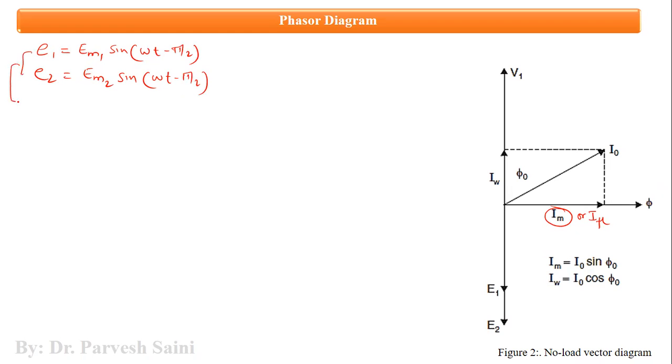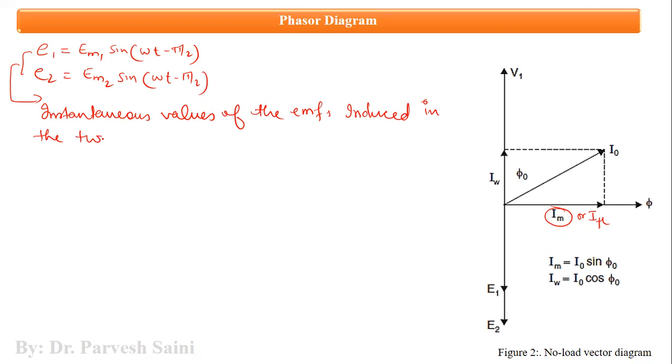These two are the instantaneous values of the EMFs induced in the two windings of the transformer, right?